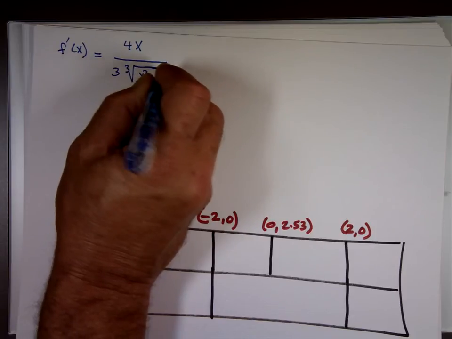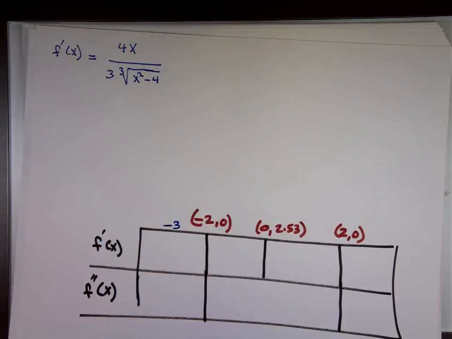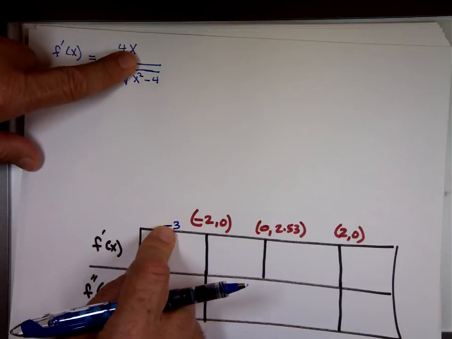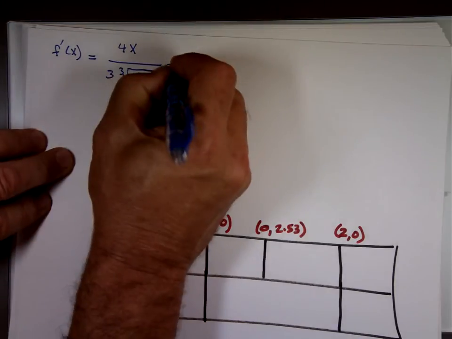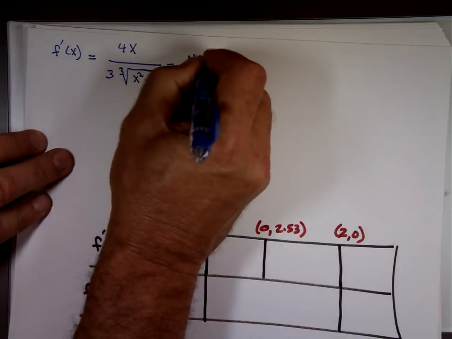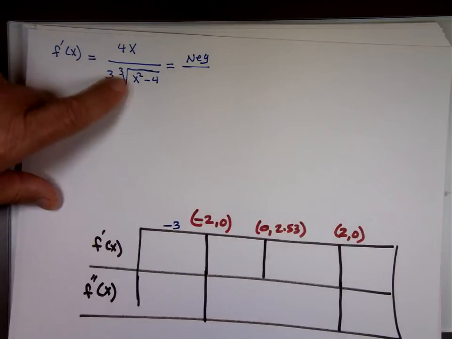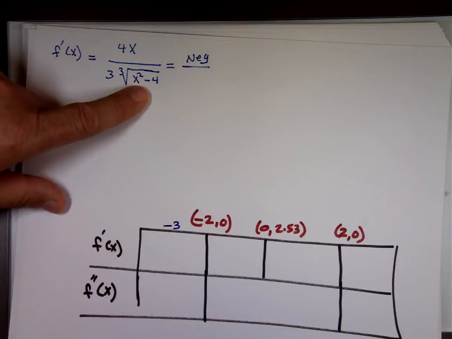When x is -3, notice how lazy I am. 4 times a -3, positive or negative? Negative. All I care about is negative or positive. I don't care about the number. I don't even have to waste my time on it. -3 squared is what? 9. 9 minus 4 is what? Positive or negative? Positive, right?